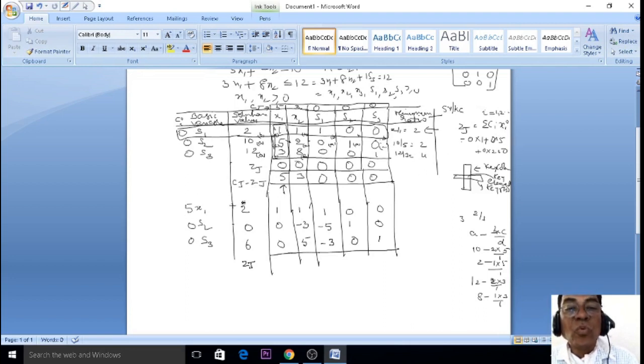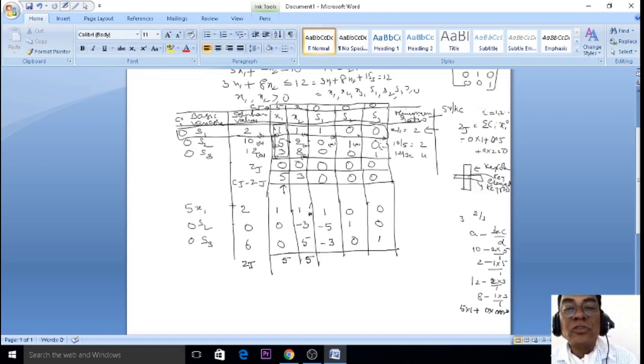Remember 5 into 1 plus 0 into 0 plus 0 into 0. Let's write down 5. Next, same thing. 5 into 1 plus 0 into minus 3, 0. 0 into 5, 0. So that 5.